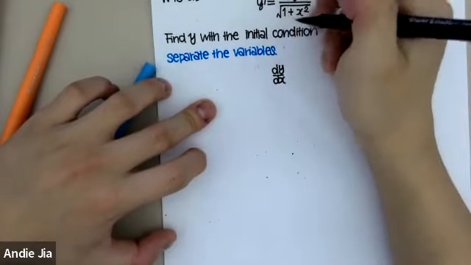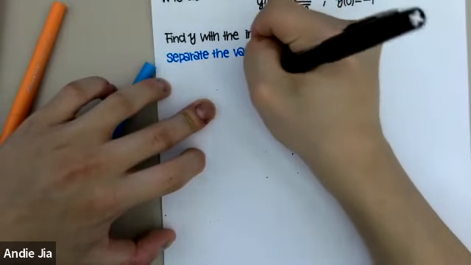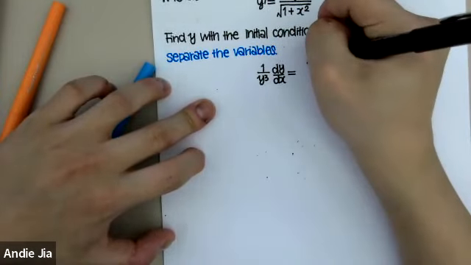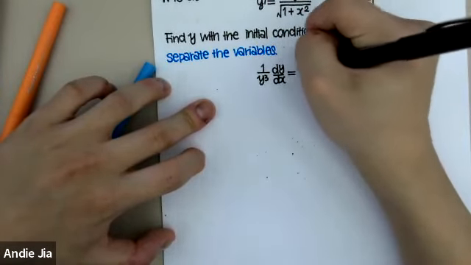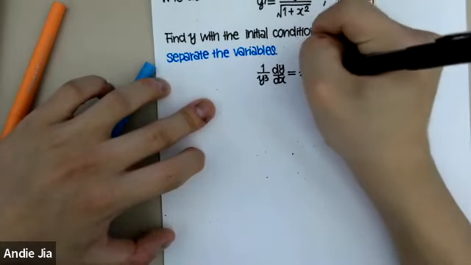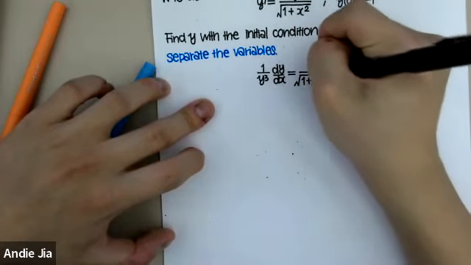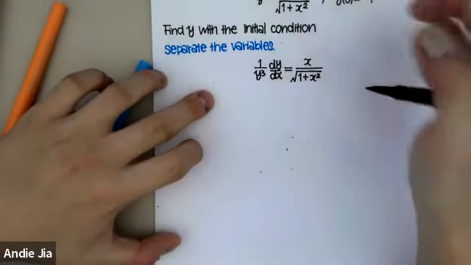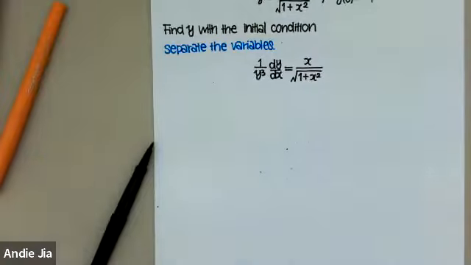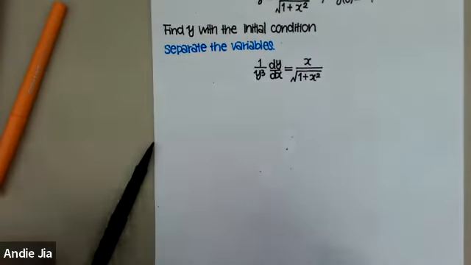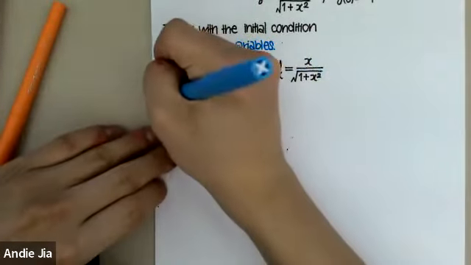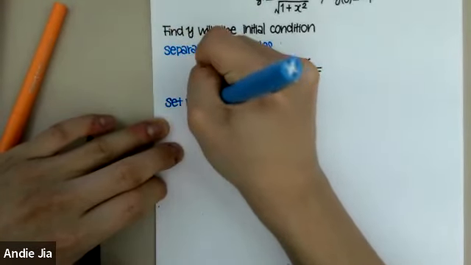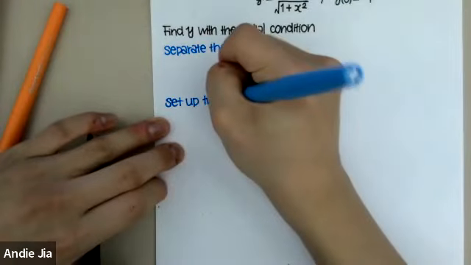So we have 1 over y cubed, and x over the square root of 1 plus x squared. We'll write up two new integrals.